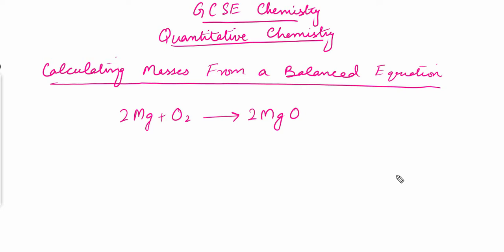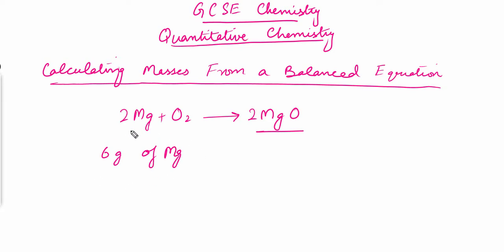The example says that we have 6 gram of magnesium that has been burnt to produce magnesium oxide. We have to find out how much magnesium oxide has been produced by burning 6 gram of magnesium.